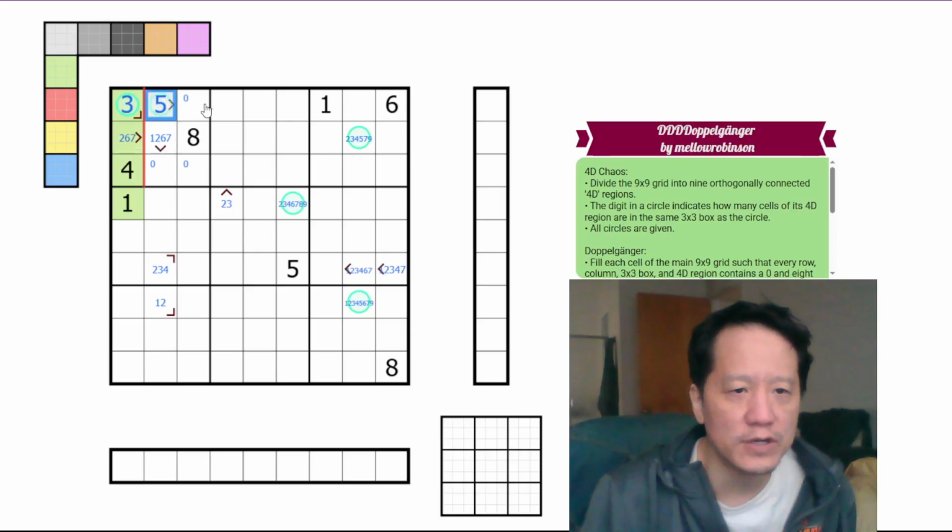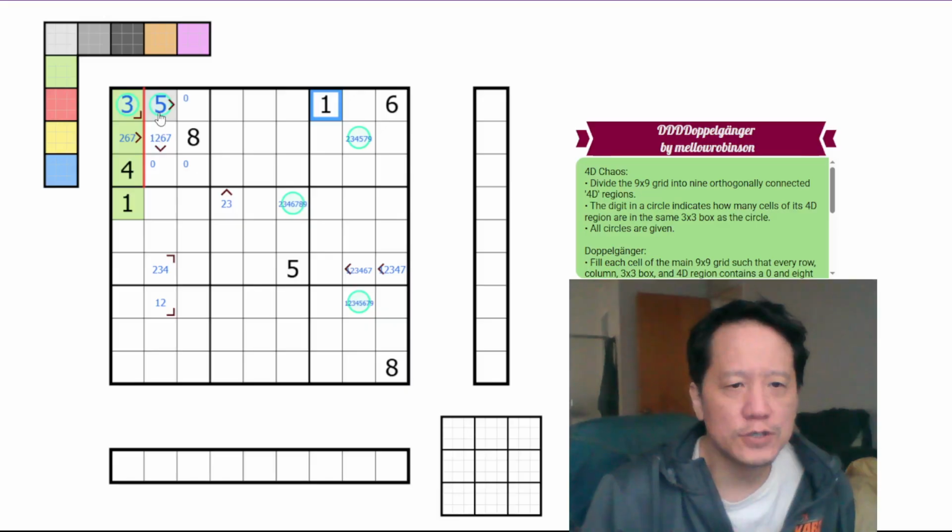So 5 cells away is 1, 2, 3, 4, 5, which is a 1. So 1 cannot be in the light region. So this is 2, 6, or 7 away.